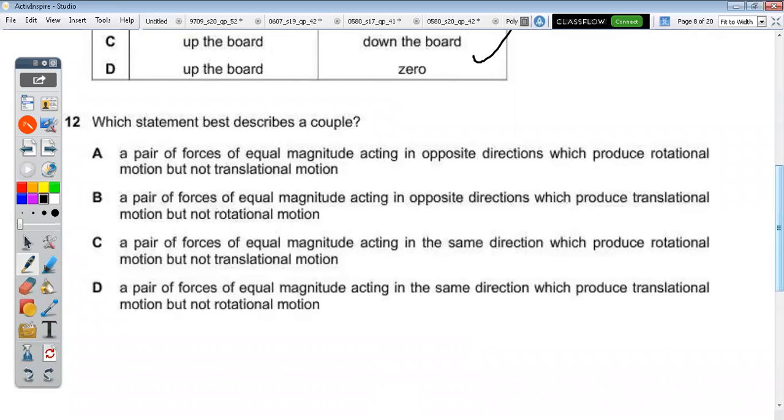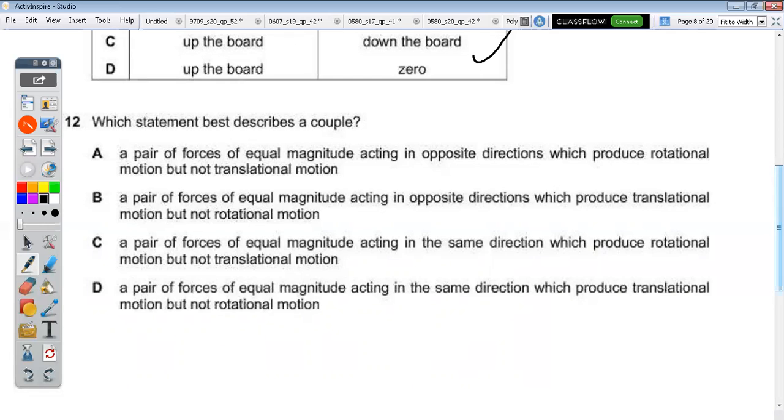Which statement describes a couple? A couple.